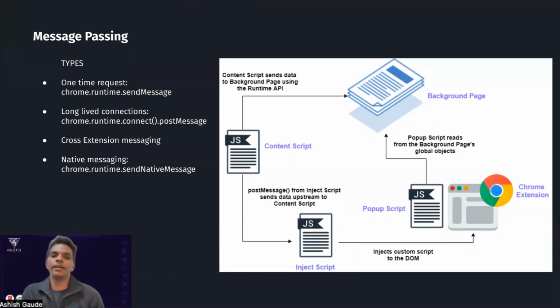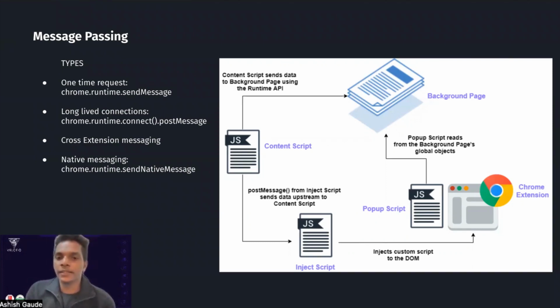That means it has access only to the DOM of the page and not the local variables or functions. Whereas inject scripts are injected into the web page. That means the browser indirectly treats it as part of the web page, and in this case, it has access to local variables or functions. However, it is highly not recommended to use injected scripts, and there are a lot of Chrome policies not to do so.